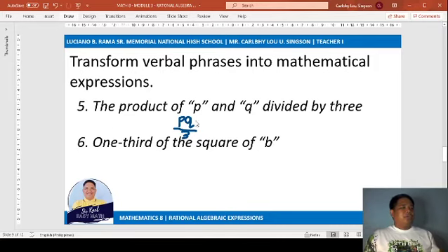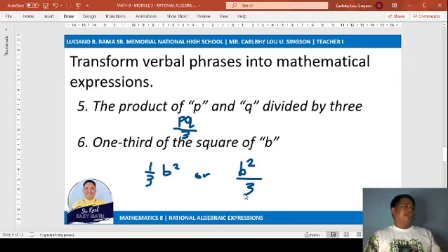So the product of p and q divided by 3 is pq over 3. Just like that. Number 6, 1/3 of the square of b. So 1/3 b squared, or you can simply rewrite that as b squared over 3. And that is considered as 1/3 of the square of b.